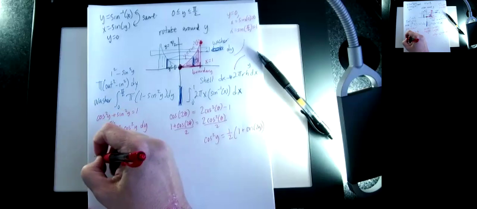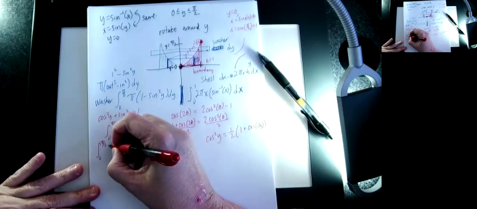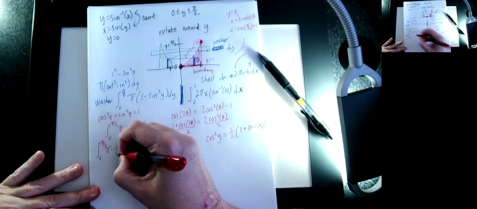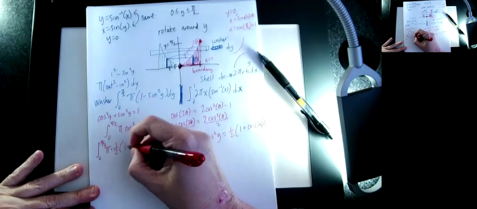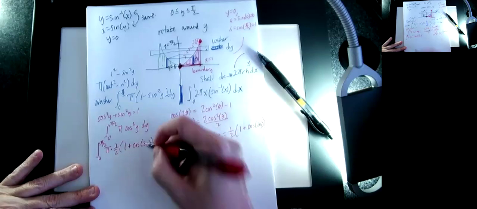So I'm going to make that substitution. I still have my pi, then I've got times 1/2 times 1 plus cosine 2y dy.